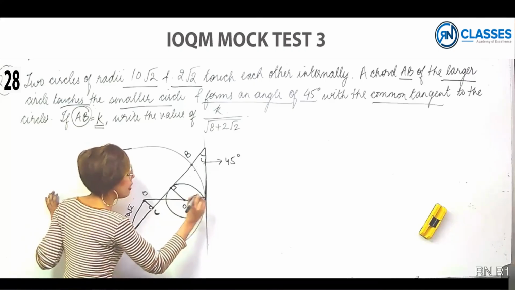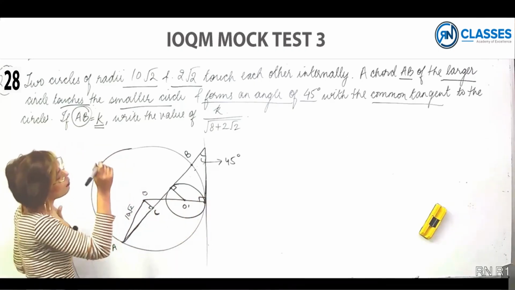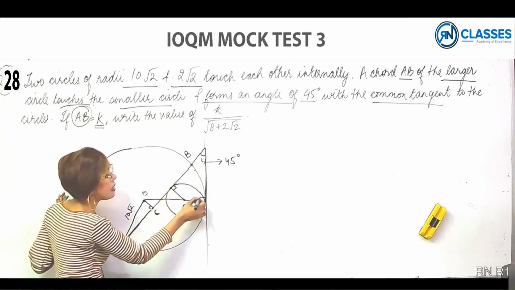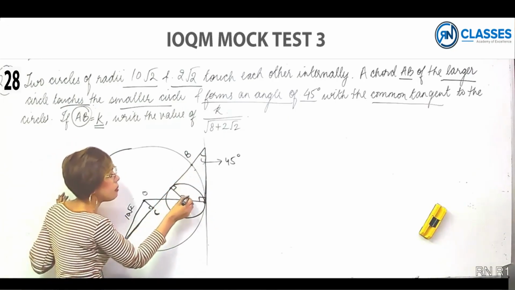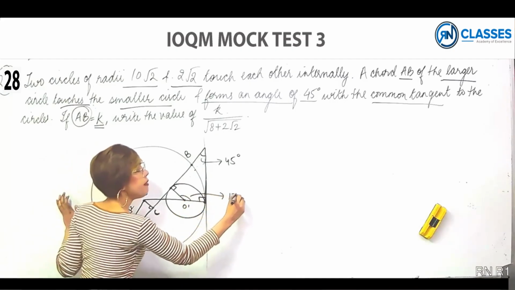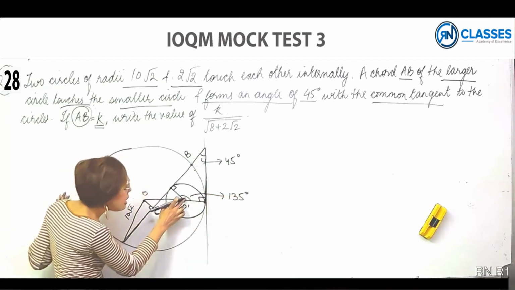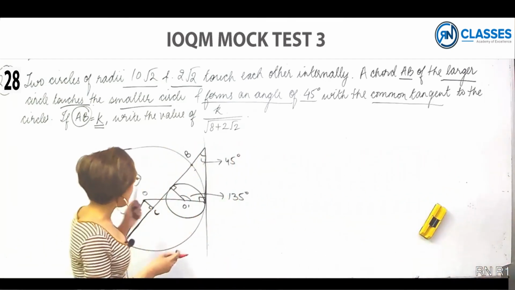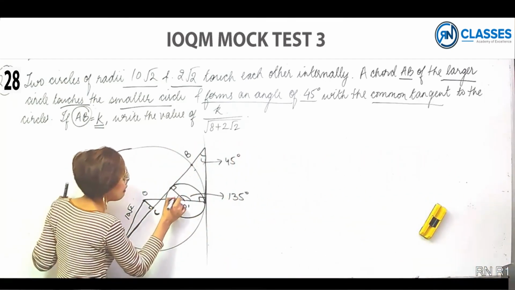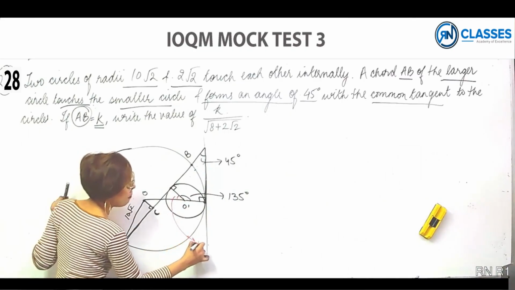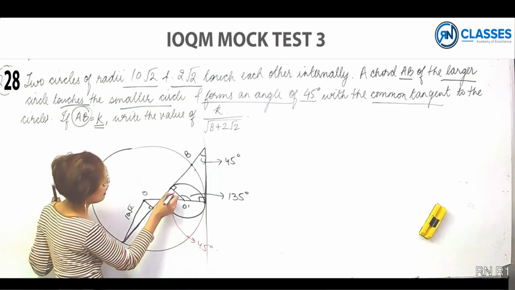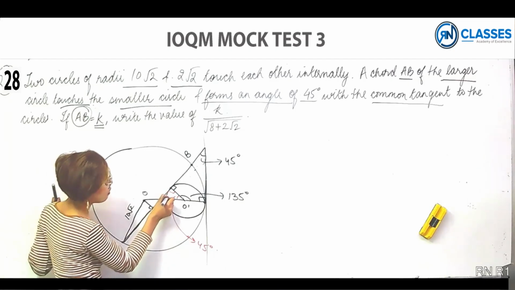And this would be 90 degree. Okay. Somehow I have to make use of the fact that this is 45. Right? This is 90, this is 90, this is 45. Can you tell me this angle? This is 135. Now, if this angle is 135, can you say which angle is 45 degrees? Right? Obviously, this angle is 45 degrees. Okay, now wait a second. This is 45, here 90. That means this angle is also 45.